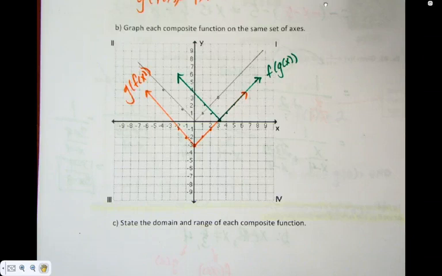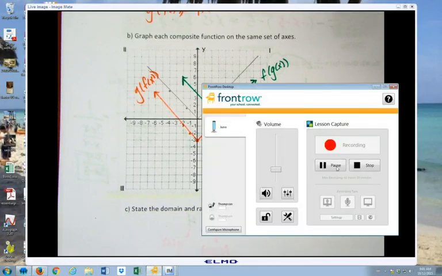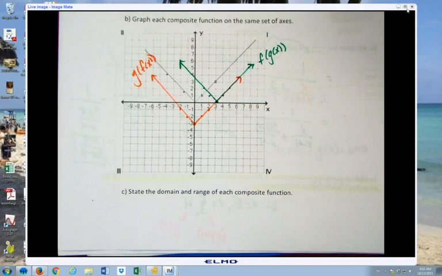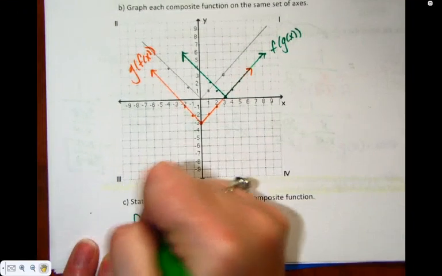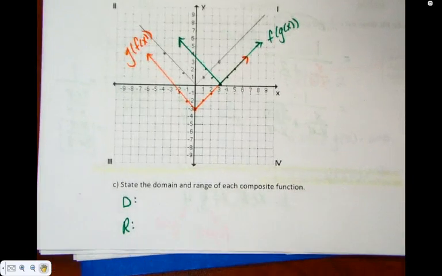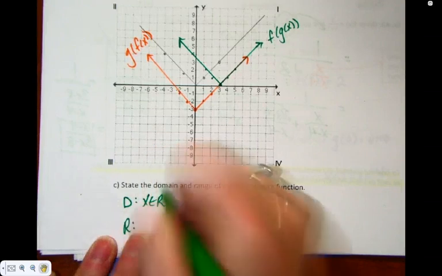Write down the domain and range of each. The first one, the f of g of x, what's the domain? x is all real numbers, so standard absolute value graph.